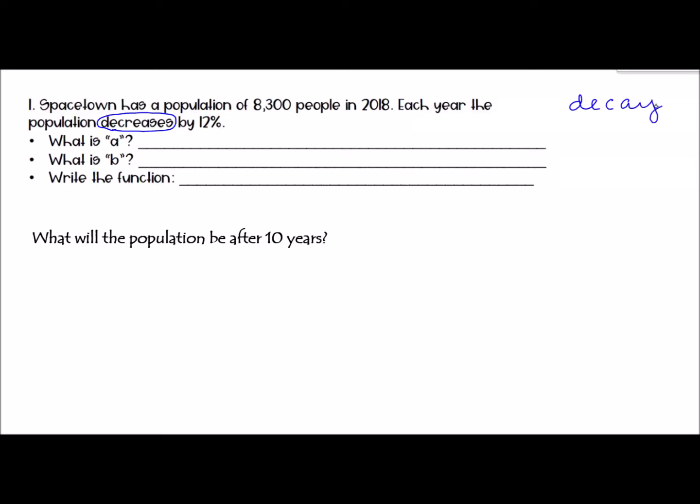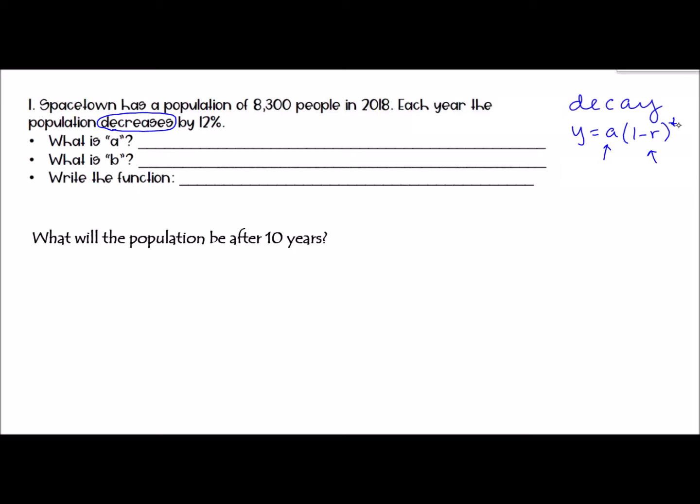Decay means smaller, decrease means go down. We're doing decay. Our formula then has to look like this, 1 minus R to the T. So all we need is our starting amount and our R, and we can do all our pieces.